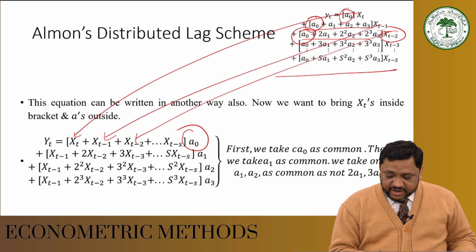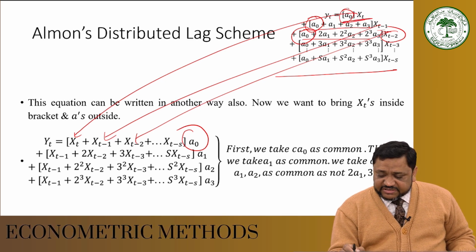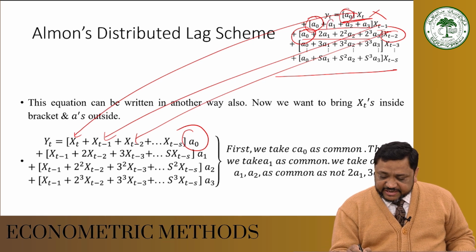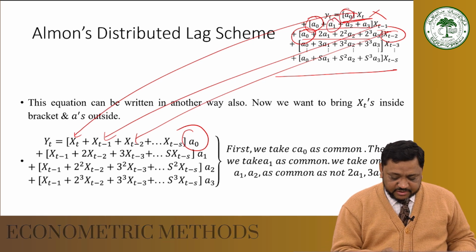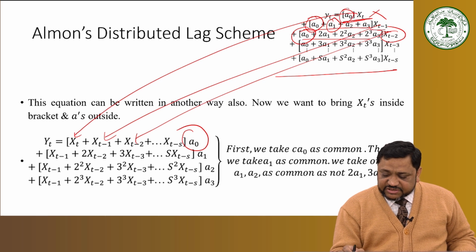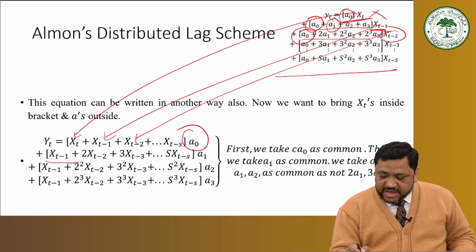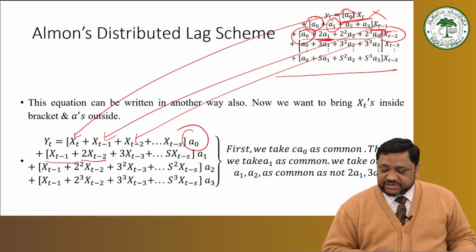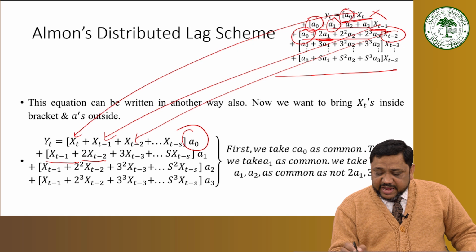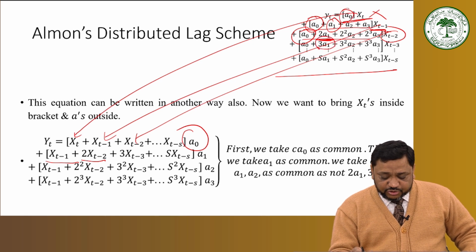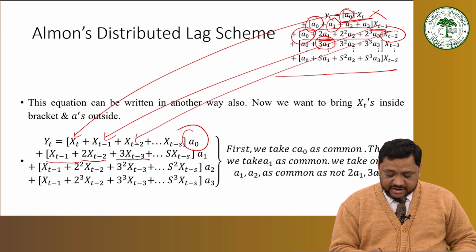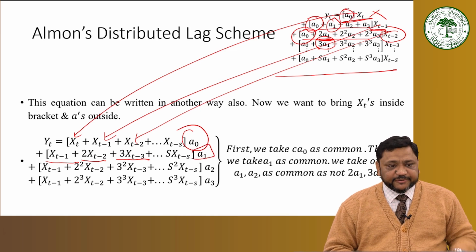Next, for A1, there is nothing over here, but A1 is present here. So this is xt minus 1, I write xt minus 1. A1 is present over here and it is 2A1, so I write 2xt minus 2. Next, A1 is present over here also, 3A1, so I write 3xt minus 3, and A1 I write outside the bracket.